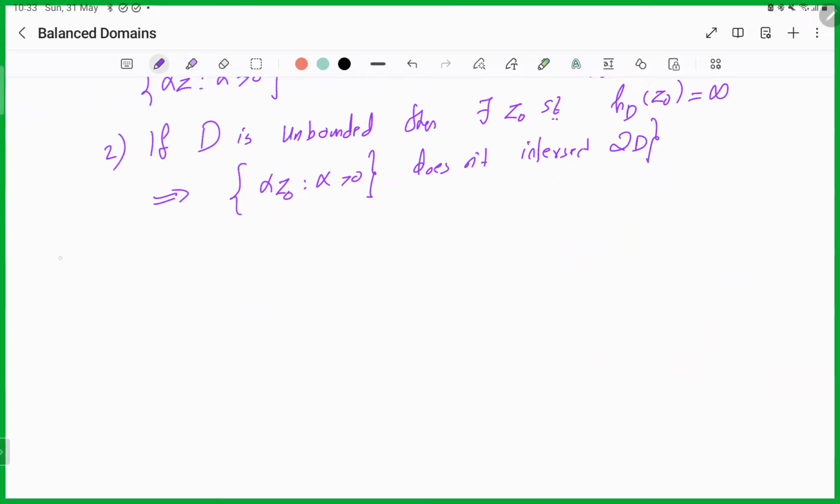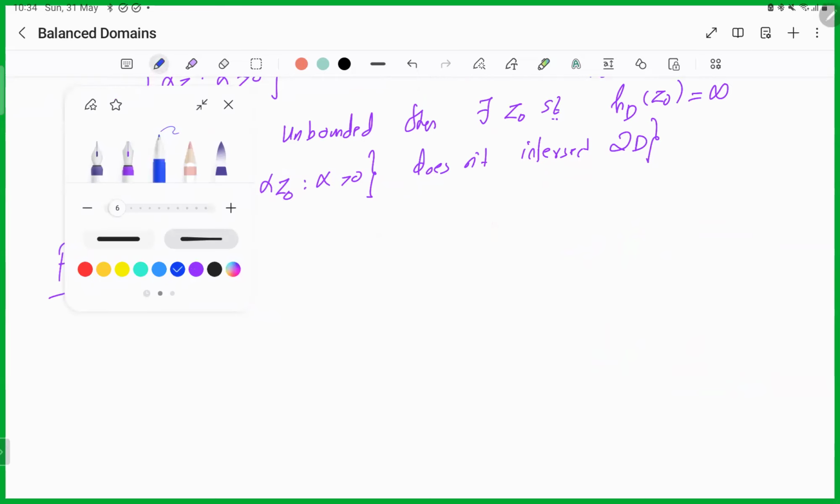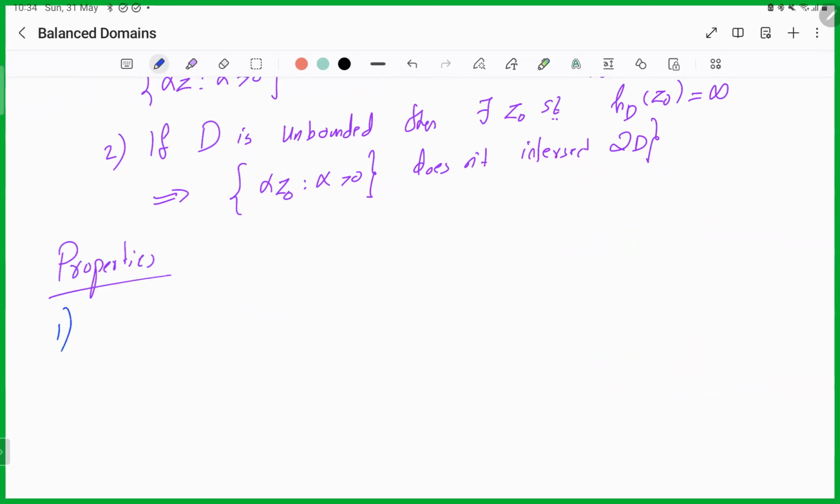Next, first property. The first property is H_D of lambda z is equal to modulus lambda into H_D of z.